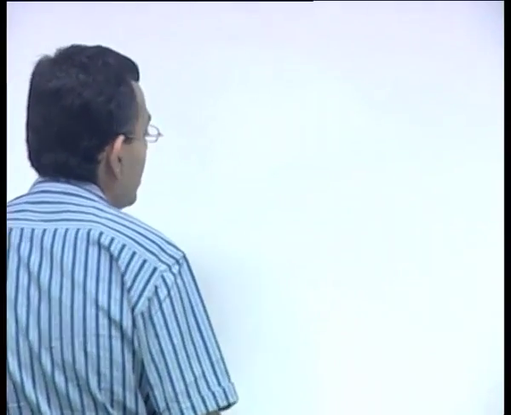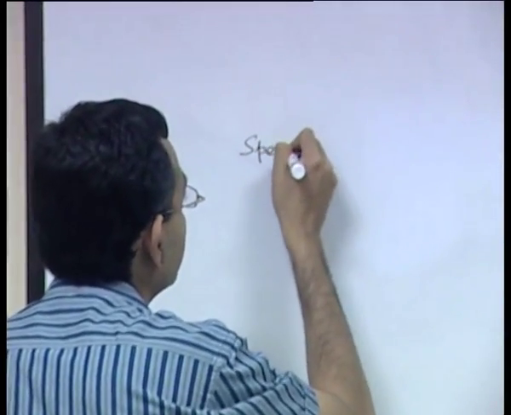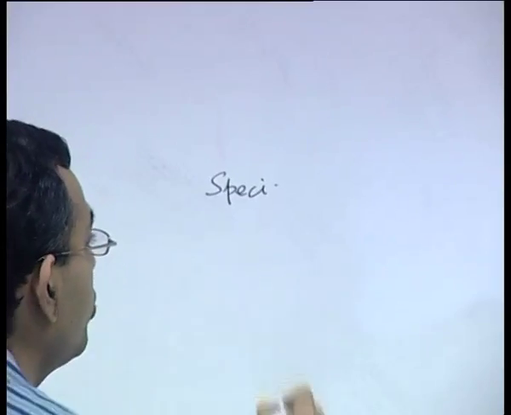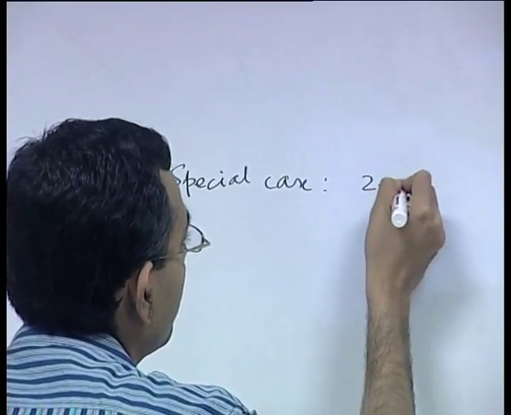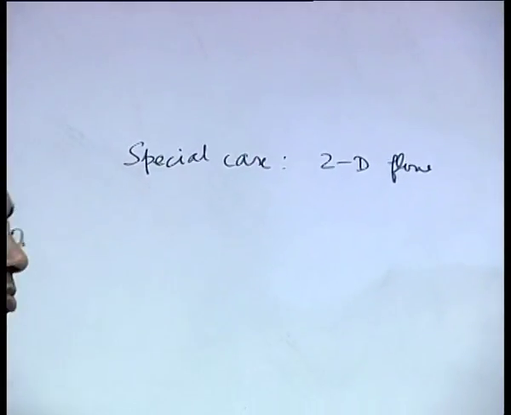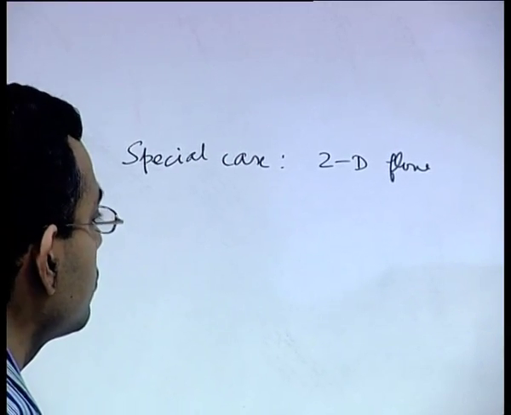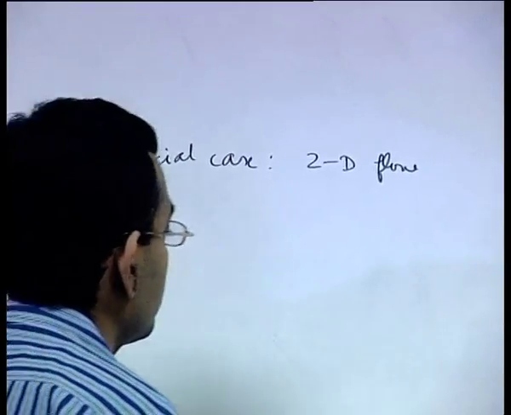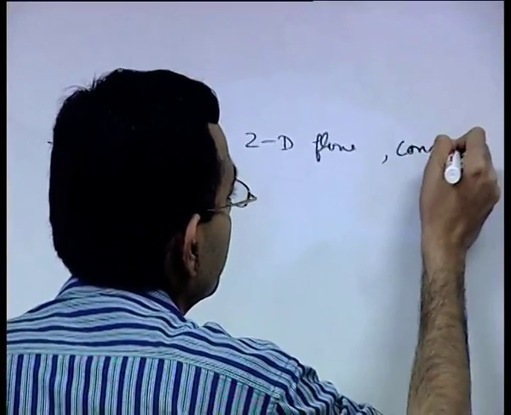So let us say that we are interested for a special case, just to begin with, special case of a 2-dimensional flow with constant fluid properties.